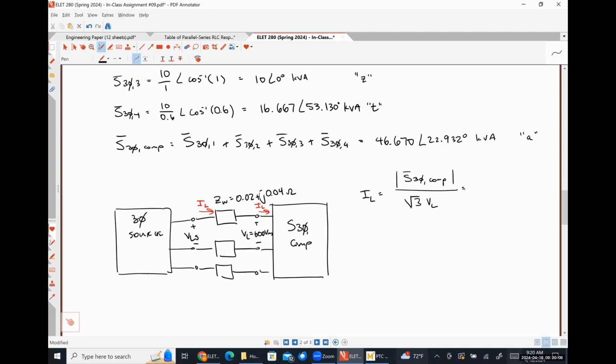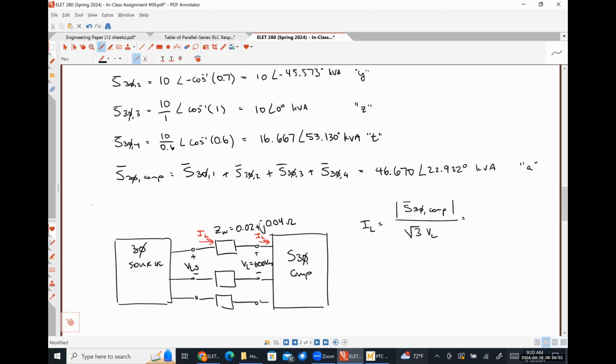So what is the apparent power for S three-phase composite? Somebody hit me with a number on the screen. 46.670 kVA. So in my calculator, I'm just going to put the magnitude of what I have stored as A divided by √3. What's the magnitude of my line voltages at my load? 600.